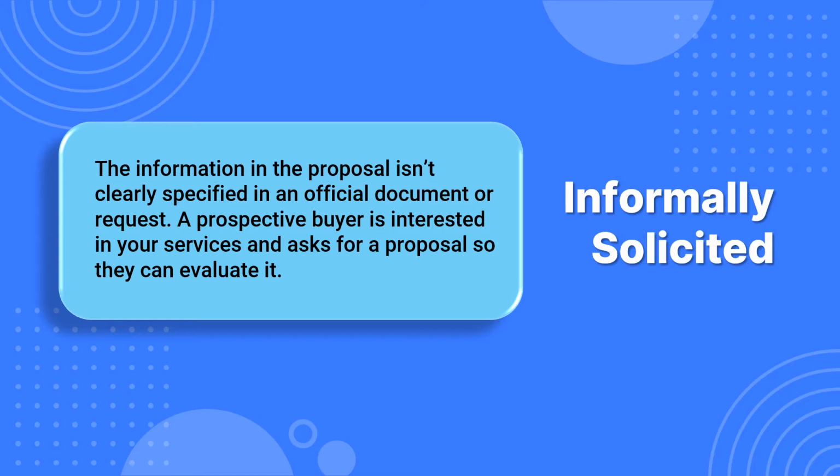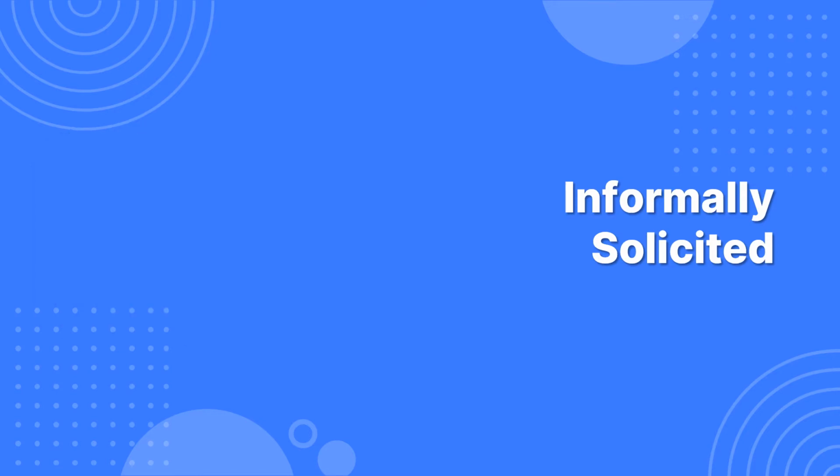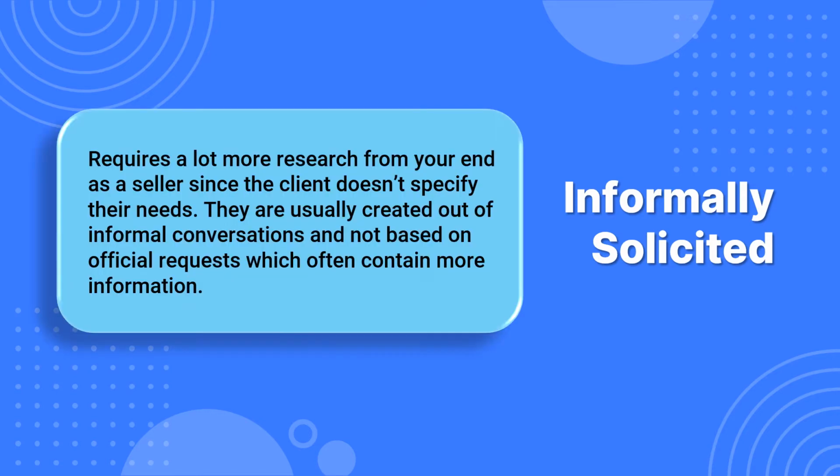A prospective buyer is interested in your services and asks for a proposal so they can evaluate it. An informally solicited proposal requires a lot more research from your end as a seller since the client doesn't specify their needs. They are usually created out of informal conversations and not based on official requests, which often contain more information.